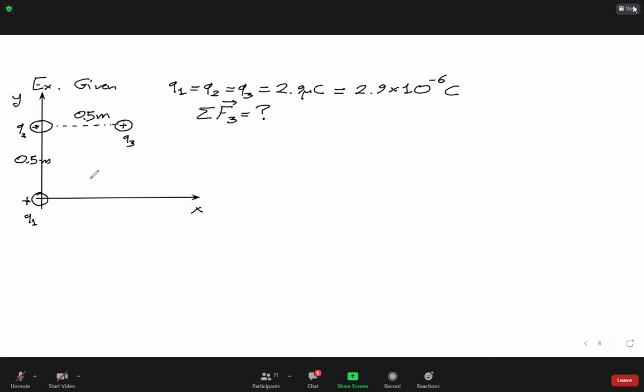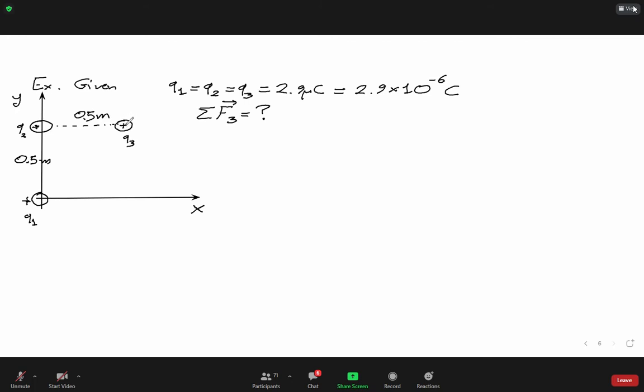And also notice that there are no springs, no frictional forces, no motion. Right? So there are no other forces. These things are not assumed to have any mass, so there's no gravitational force. Even if there was a gravitational force, it would still be negligible compared to the electric force, but there's none of that. So the only forces here are electric forces. And I'm only interested in finding the force on Q3.